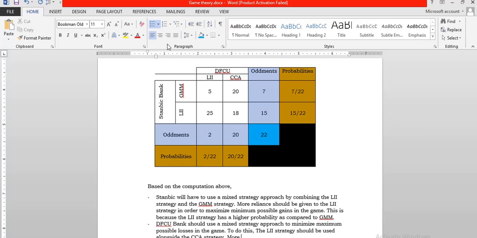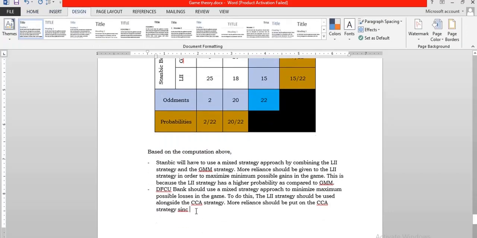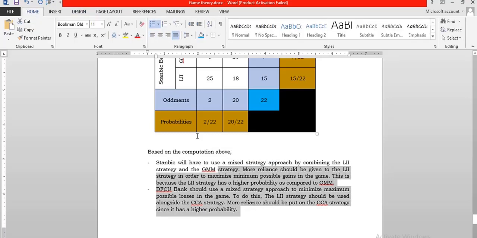More reliance should be put on the CCA strategy, since it has a higher probability. So that is what we expected to do.